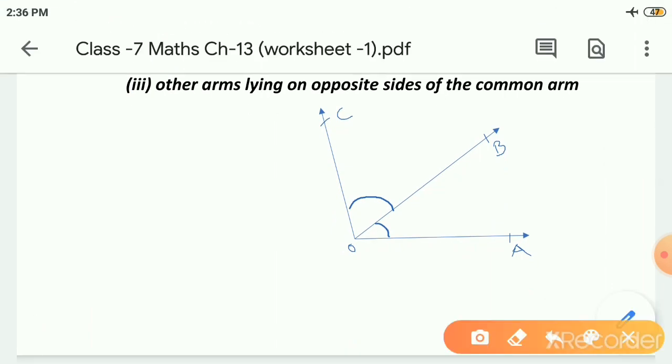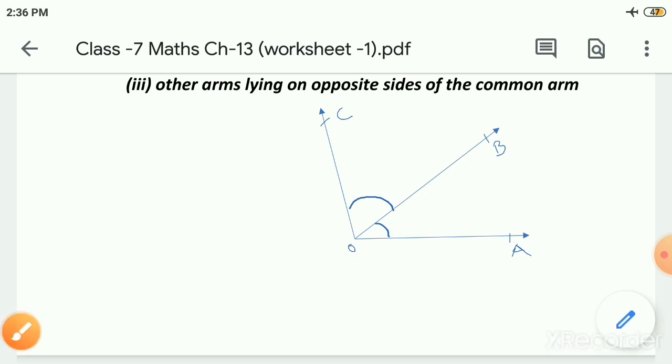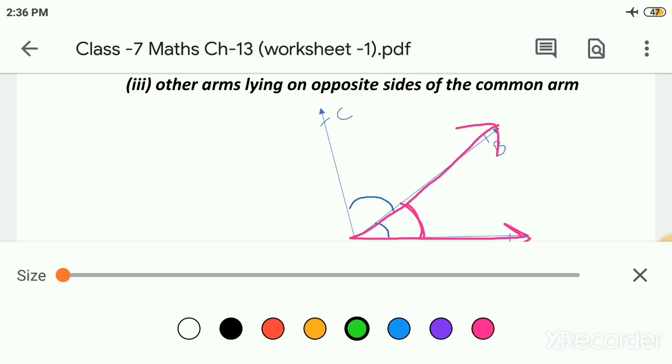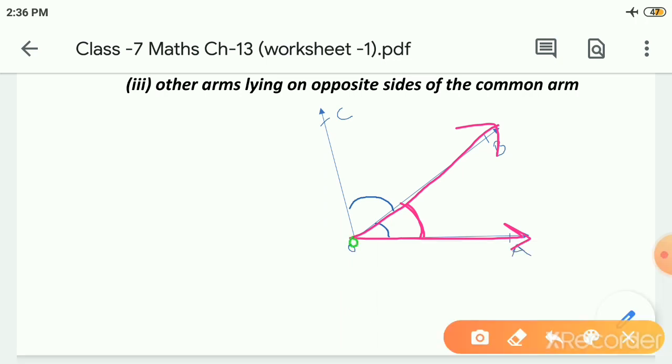Now in this figure, children, we can see two angles are formed. Look, this is one of the angles and this is another angle which I have marked. Suppose I look at the first angle only, this one which I am highlighting. For making this angle, the vertex which I am using is point O, and these are the two different arms, right?